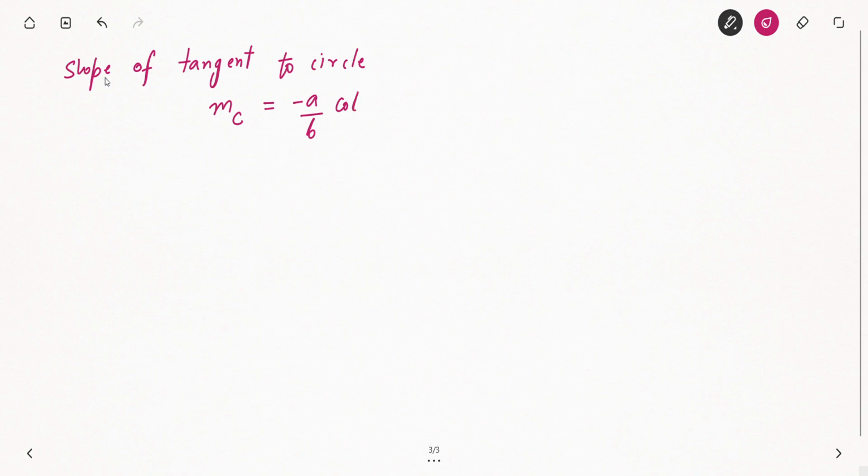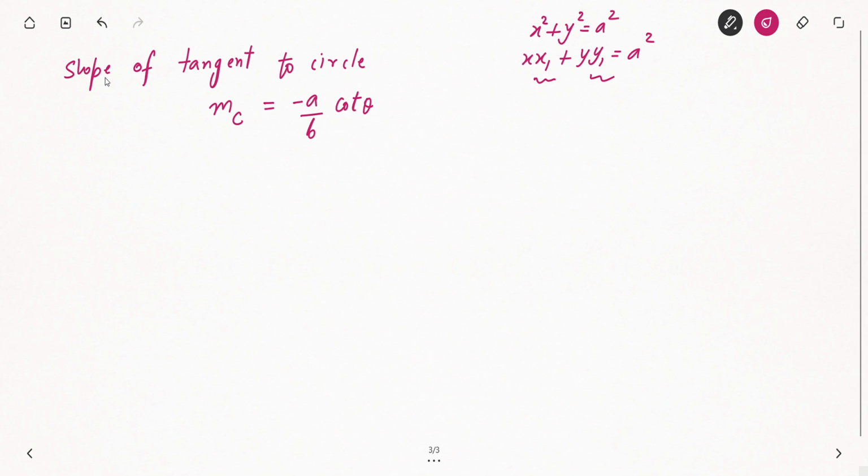You can write the equation of the tangent to the circle. It is quite easy, because if the equation of the circle is x square plus y square is equal to a square, then I can write the equation of the tangent as x x1 plus y y1 is equal to a square, and in place of x1 you put the value that we were using, a cos theta, and in place of y1 b sin theta, then you will get the slope.